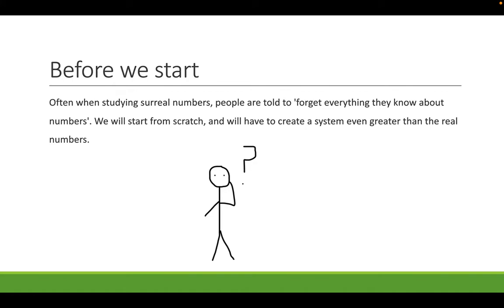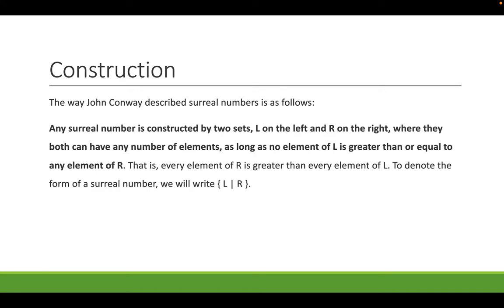But before we start, like often when we're studying surreal numbers, people are told to forget everything they know about numbers. We're going to start from scratch and create a system even greater than the real numbers. Still, I'm going to skip over some parts of this. So, the construction. The way John Conway describes surreal numbers is as follows.